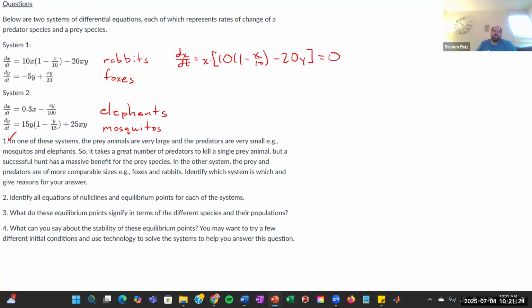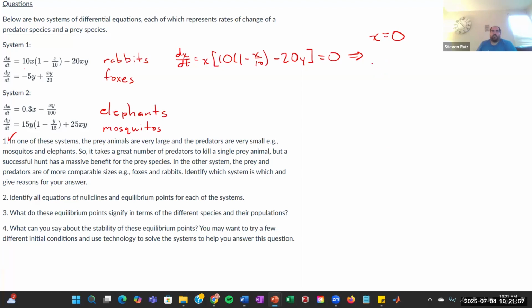So I have one very simple factor times one much more complicated factor equals 0. That gives me one equilibrium or one null-cline value, x equals 0. That was pretty trivial. If there's no prey in this system, then the predators will also go extinct. Or I mean, it's an equilibrium because if x is 0, then dx/dt will never change. There's no way for them to reproduce.